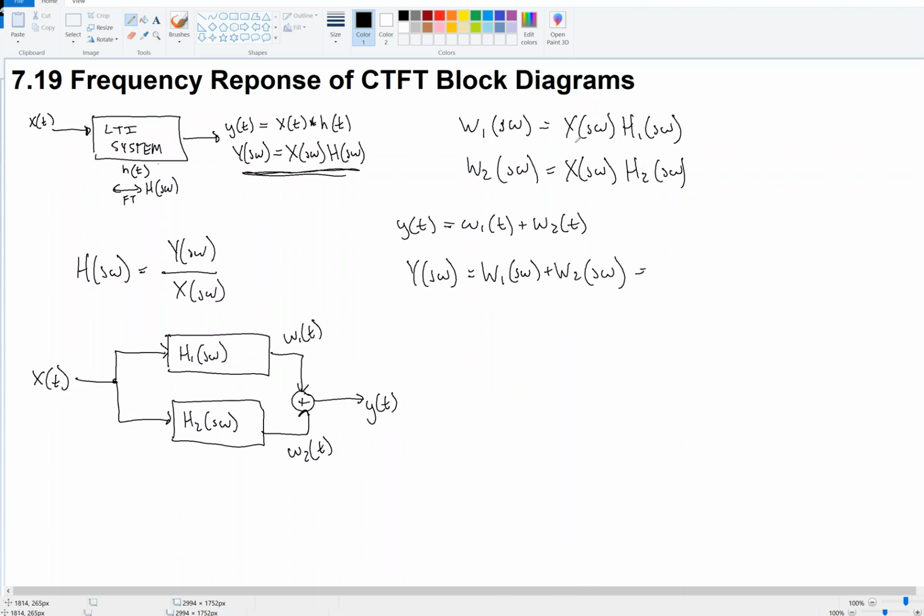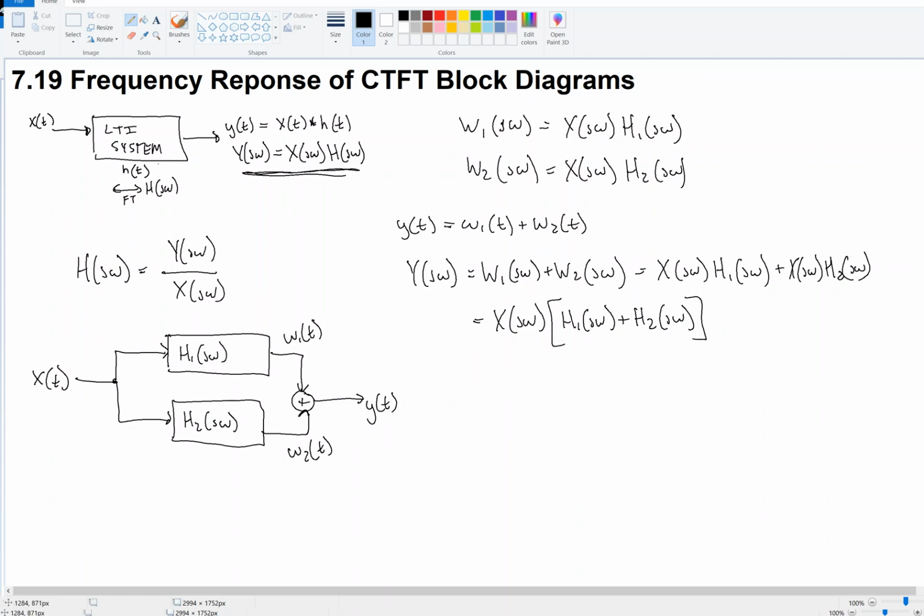Okay, well, what is that? Well, we have them up here. This is X of j omega times H1 of j omega plus X of j omega times H2 of j omega. And so we can factor out the X, right? And we get H1 of j omega plus H2 of j omega.